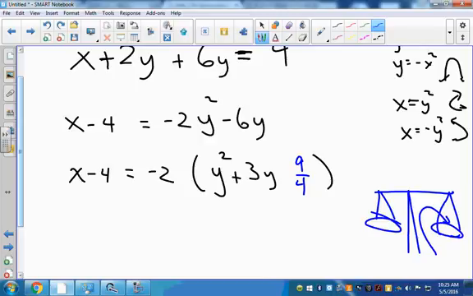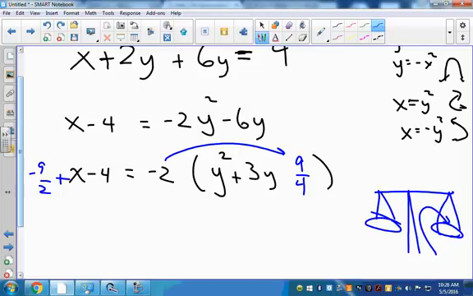Negative 3 halves. I don't like that. How much did I change it by? Negative 18/4, so that would be reduced down to negative 9 halves. Right. So notice that I changed the right side by negative 18/4 or negative 9 halves. That's what I've changed the right side by. Yes? So I got to do the same thing to the left side. Negative 9 halves. There. Now it's balanced, and everybody's happy.